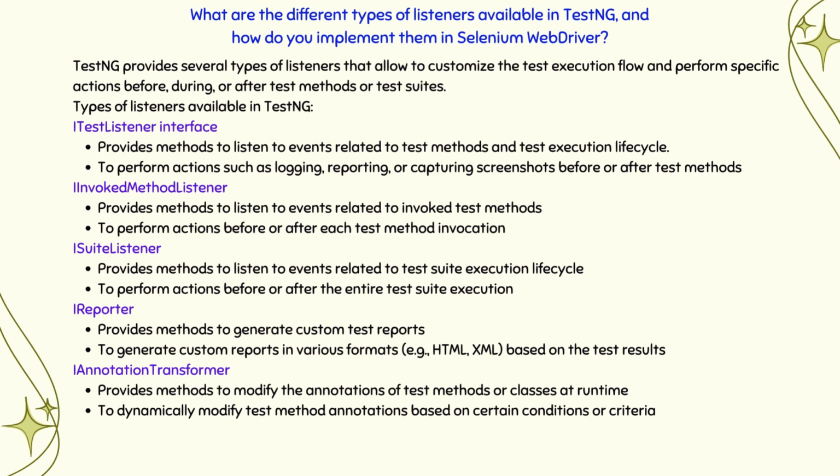IReporter. It provides methods to generate custom test reports. It can be implemented to generate custom reports in various formats based on the test results. IAnnotationTransformer provides methods to modify the annotations of test methods or classes at runtime. And it is implemented to dynamically modify test method annotations based on certain conditions or criteria.